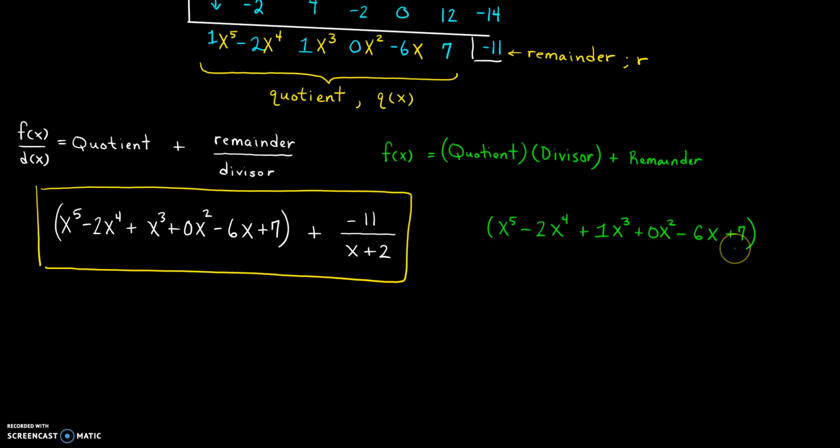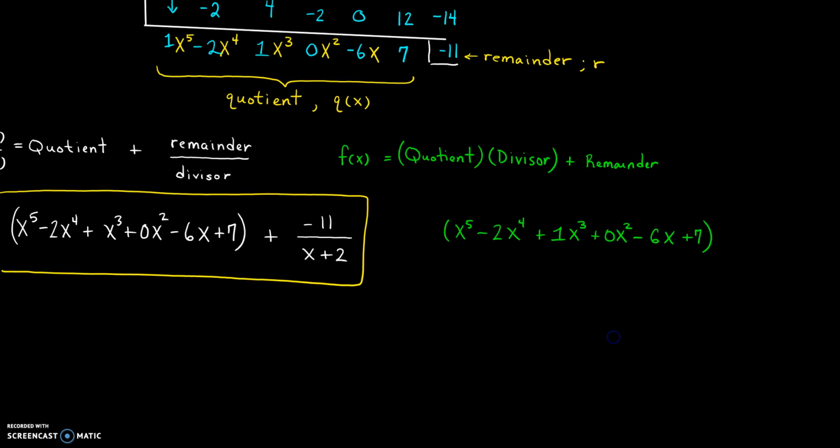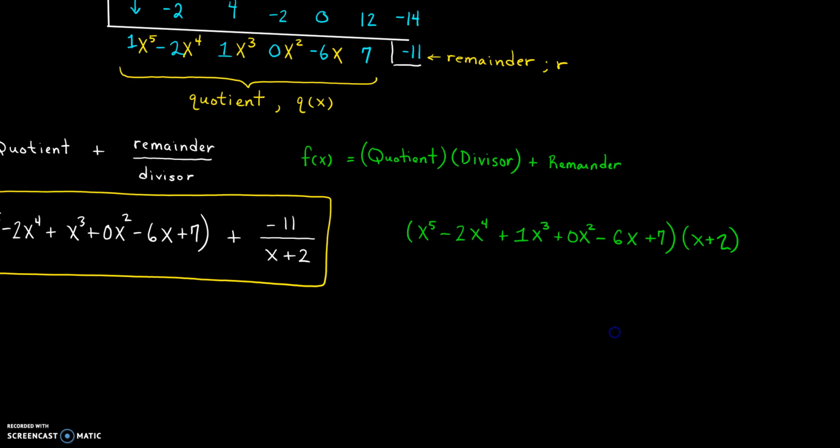We're going to multiply that by the divisor, which was x plus 2. And then again, plus our remainder, so plus negative 11.